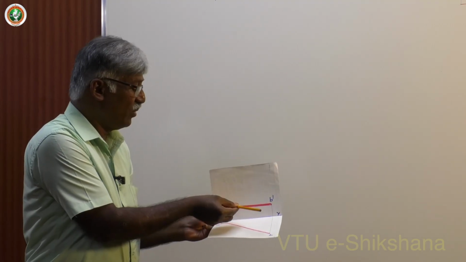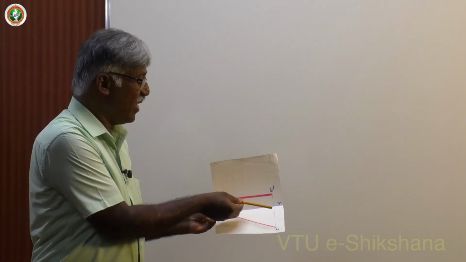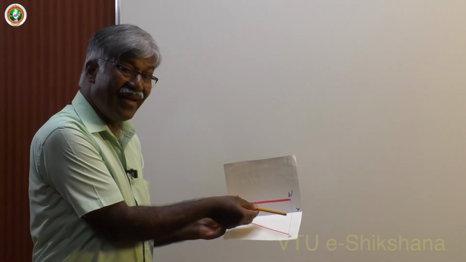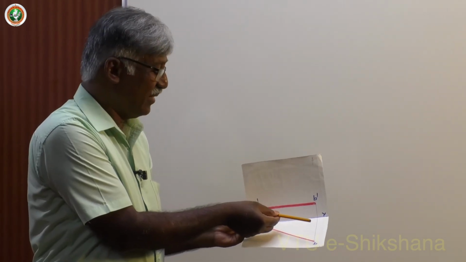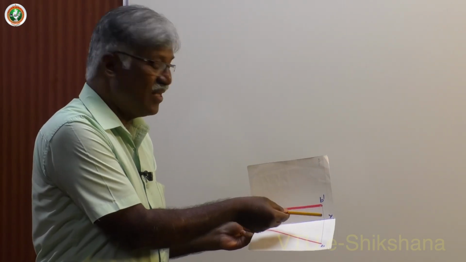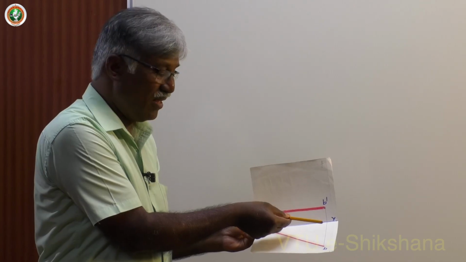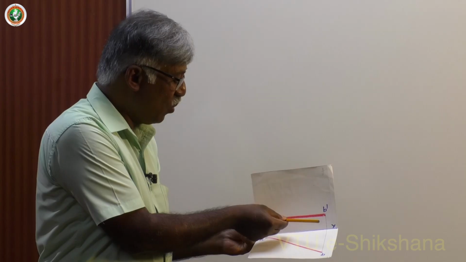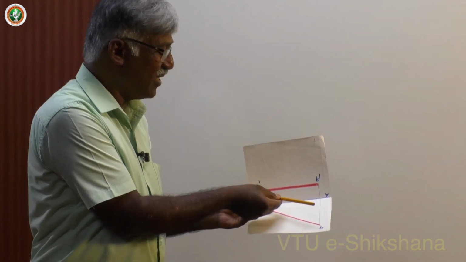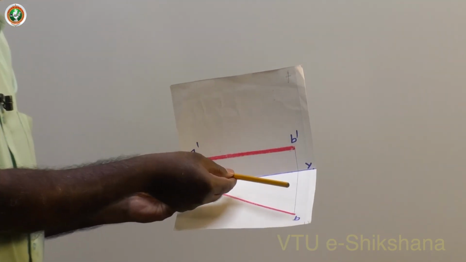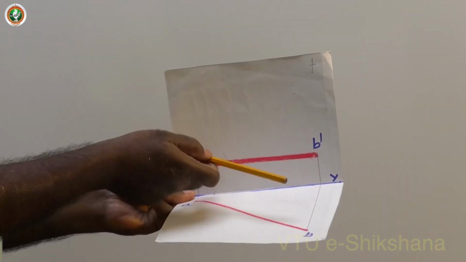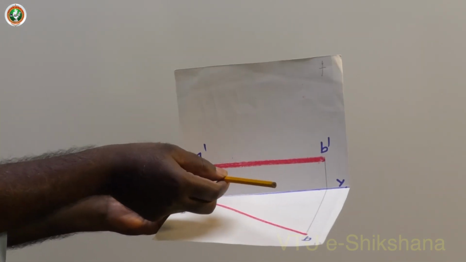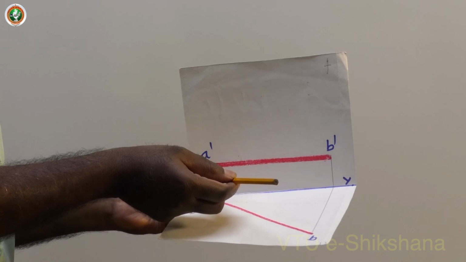Now this is the situation where the line is inclined to VP by 30 degree and the line itself is 20 mm above HP. That means all points of the line are 20 mm above HP and one end, that is end A, is 15 mm in front of VP. Now projected, you will get apparent length because it is inclined to VP. On VP you get apparent length, that is front view.